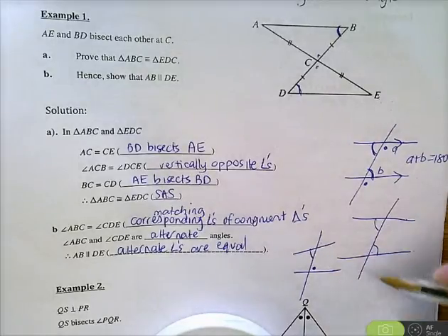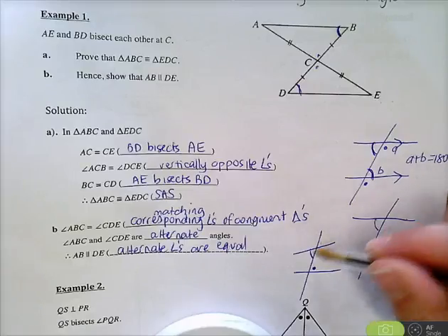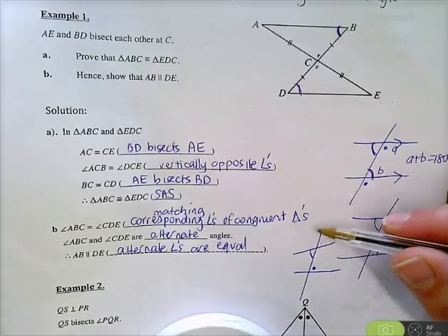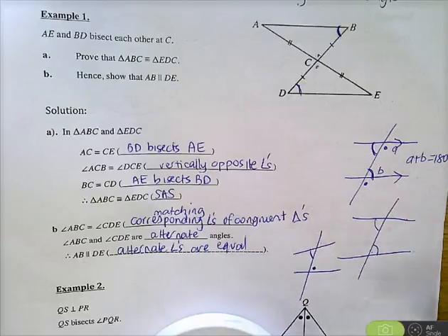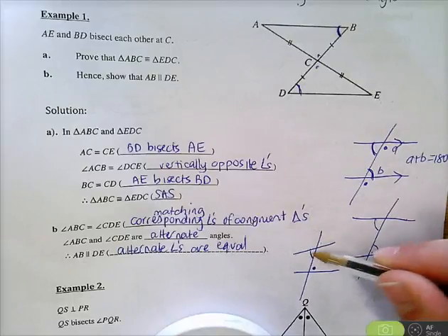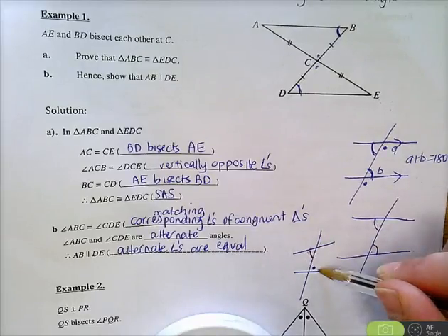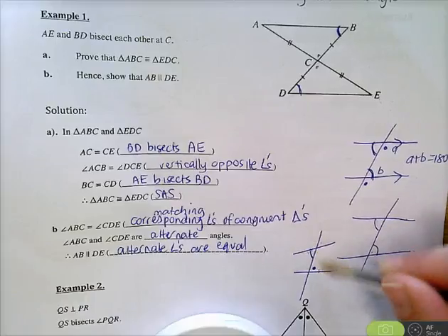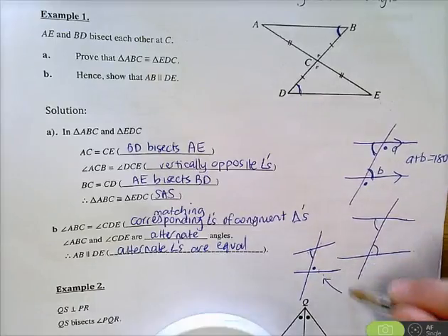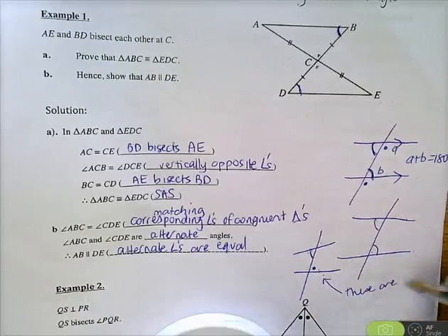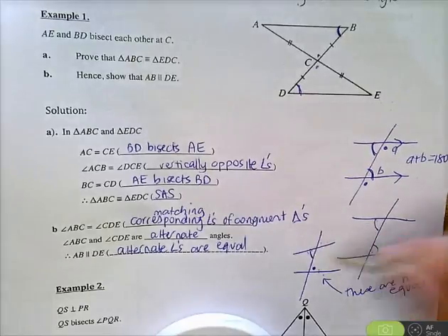Girls, alternate angles don't always have to be equal. Alternate is a definition describing position from that side of the line to this side of the line. They're alternate angles, but they're not equal, because those lines are not parallel. But once the lines are parallel, then alternate angles will be equal.